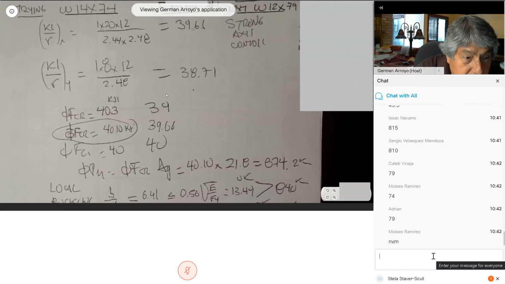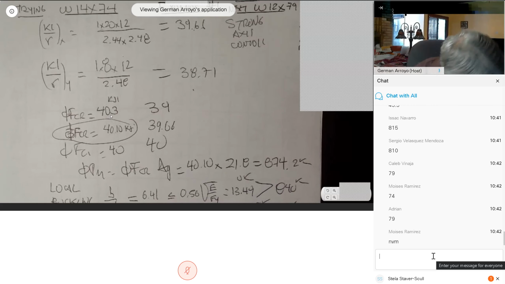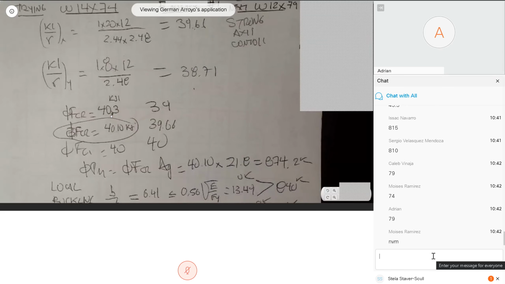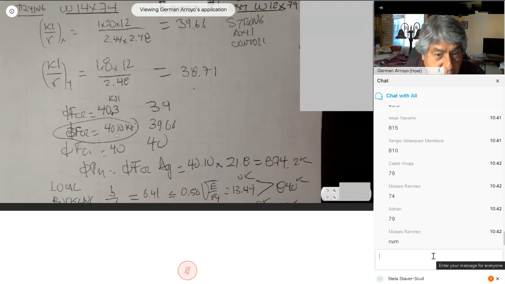For 39, the critical stress is 40.3, and for 40 it is 40. I had 39.66. I did interpolation the same way that I did before. It gave me 40.10. So I found it here.